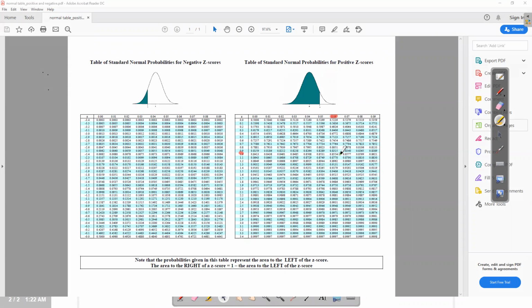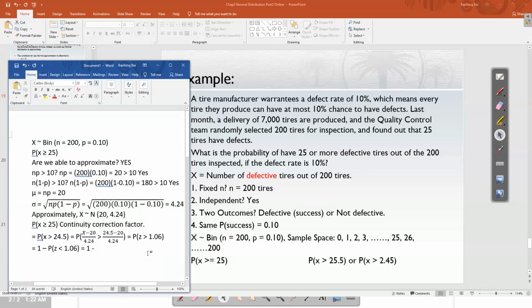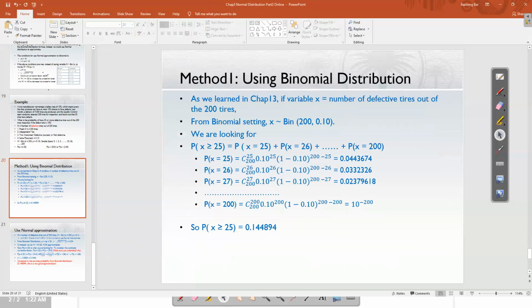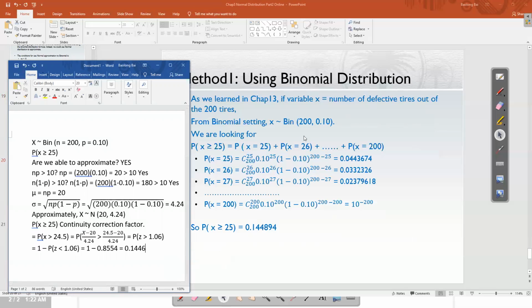So the probability to look for is 0.8554. Okay, 0.8554. And then by a simple math here, 0.1446.